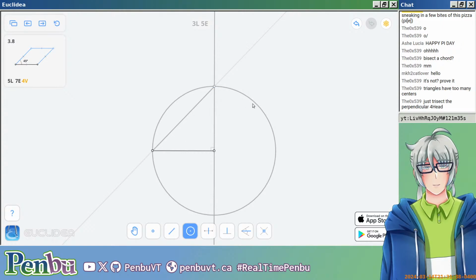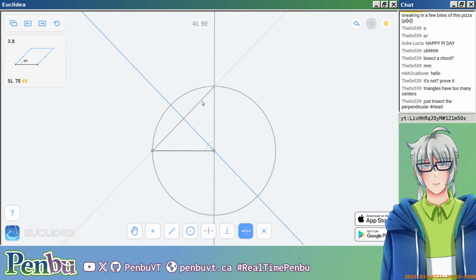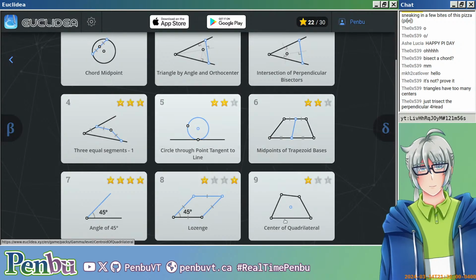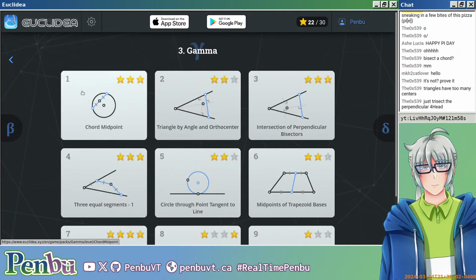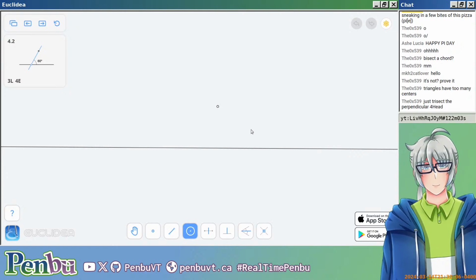Because it would be around here somewhere, I think. I don't think this quite works. You need to bisect this angle to get 45, but that's not what you're looking for. Yeah, I don't think this one helps us with this one. The angle is 60. Can we do something similar here?